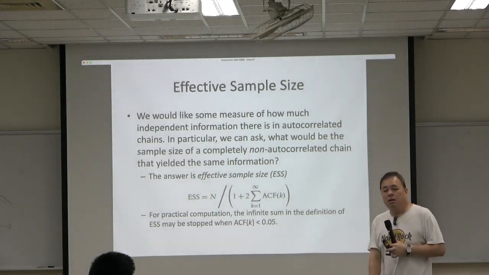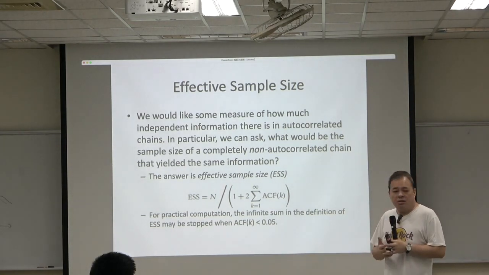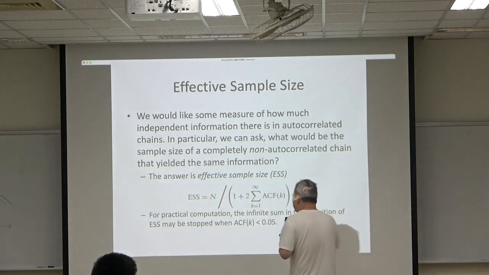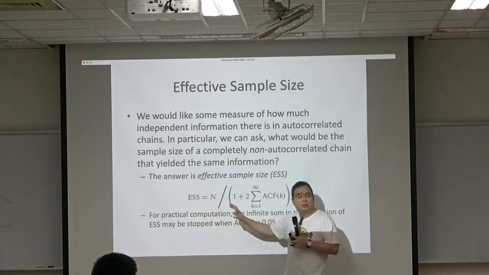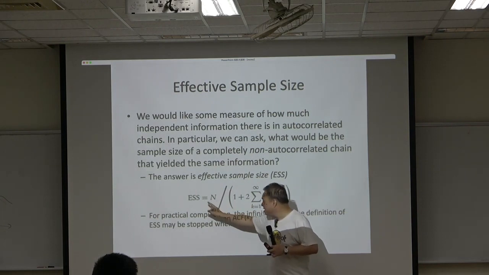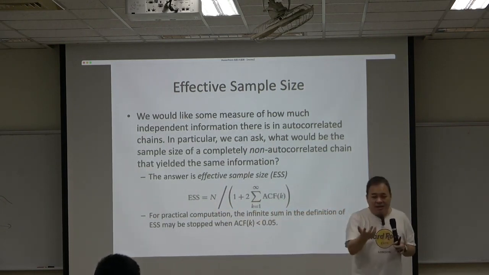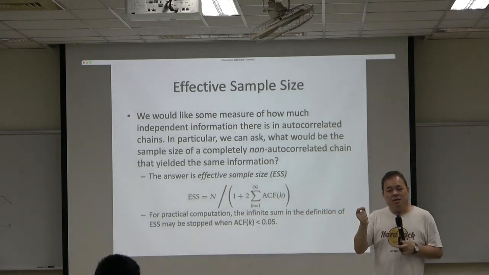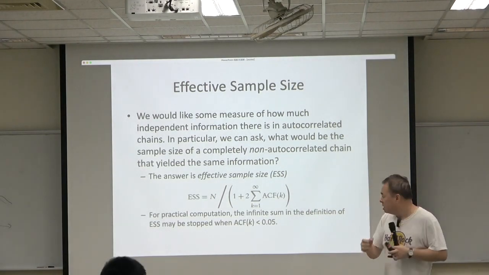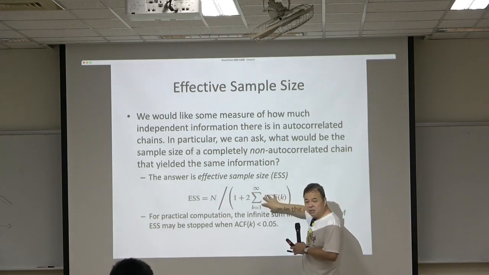If you want your chains to be representative, make sure the ESS value is large enough, not the number N, but the ESS value. The better the sampling algorithm, the more likely the denominator will be smaller.